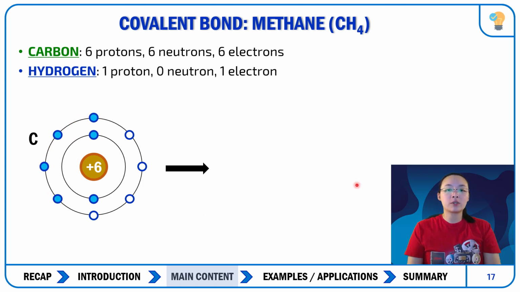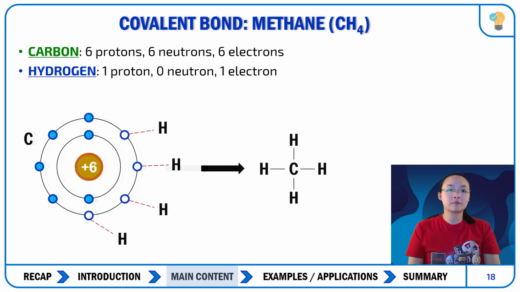And that means we're going to have to bring in a hydrogen to share one of its electrons for each of these 4 empty spots. So we can then represent this using a structural diagram where carbon is single bonded to 4 hydrogen atoms. I've brought in 4 different hydrogens, and carbon is now covalently bonded to 4 different hydrogens.